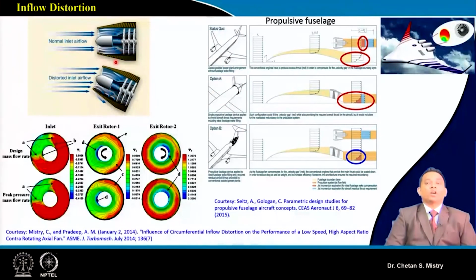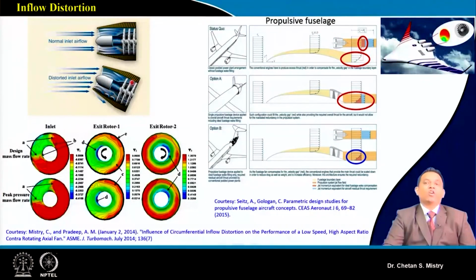Now one more study that was conducted is on the effect of inflow distortion. Conventionally, when my aircraft is flying at cruise condition, the flow goes clean and parallel to my engine axis.